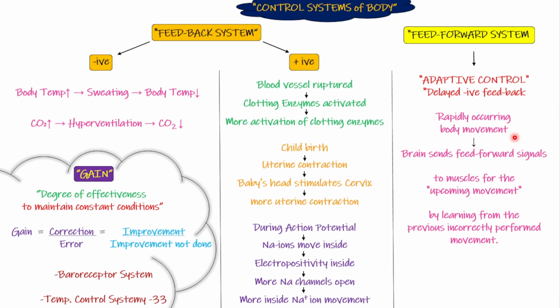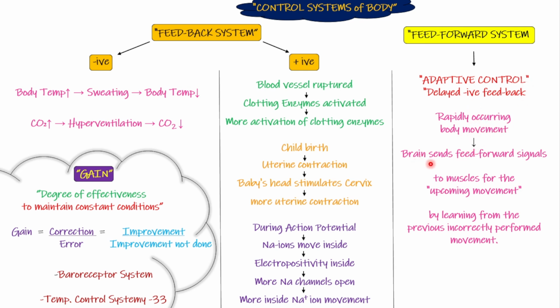Now what happens is that before the person takes a turn to the left while running, the body is tilted towards the right side before the turn is there. The body is tilted towards the right side in order to maintain the balance and prevent the person from falling. So these rapidly occurring body movements are an example of adaptive control.